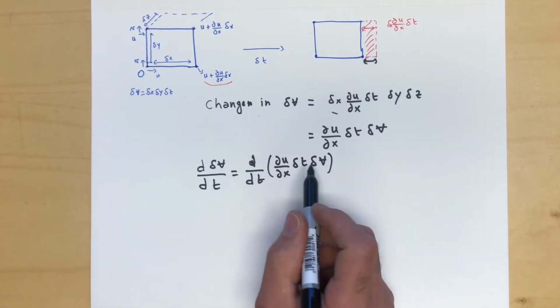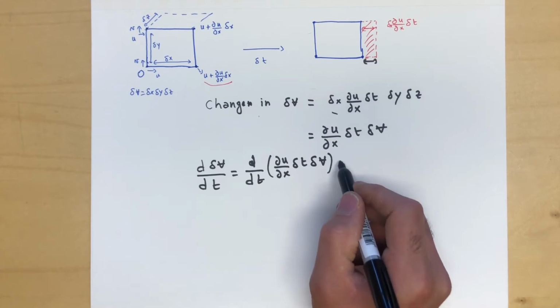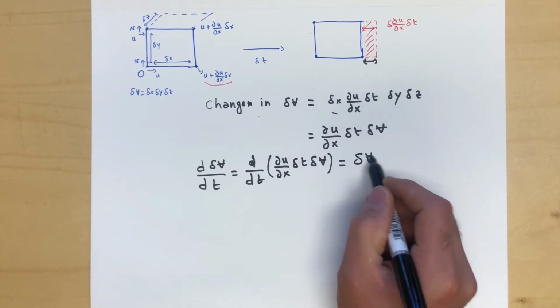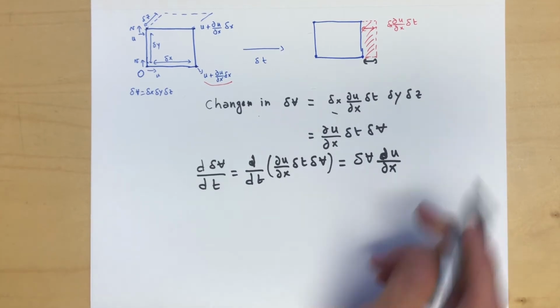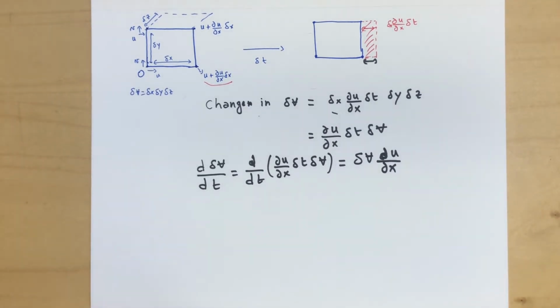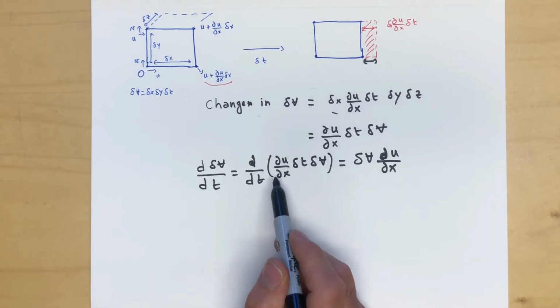In such a small increment of time, what we get is delta v times du by dx, because that is in the limit as delta t approaches 0.